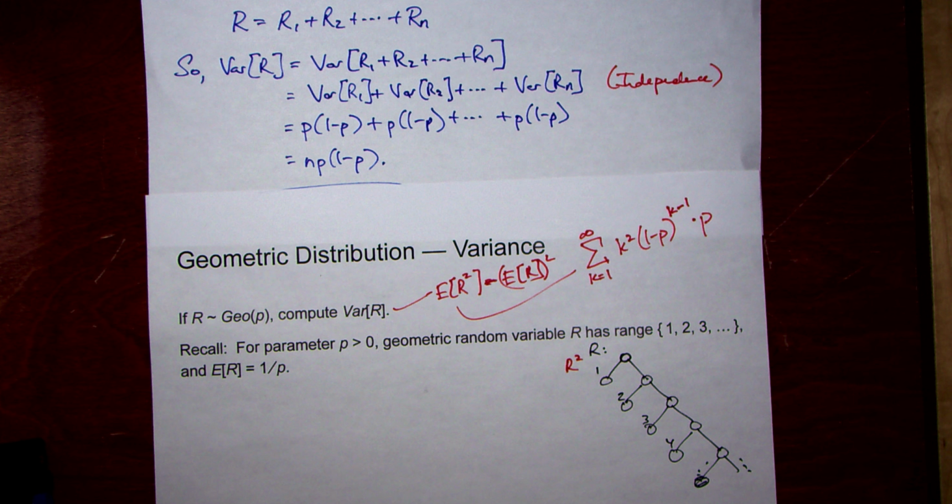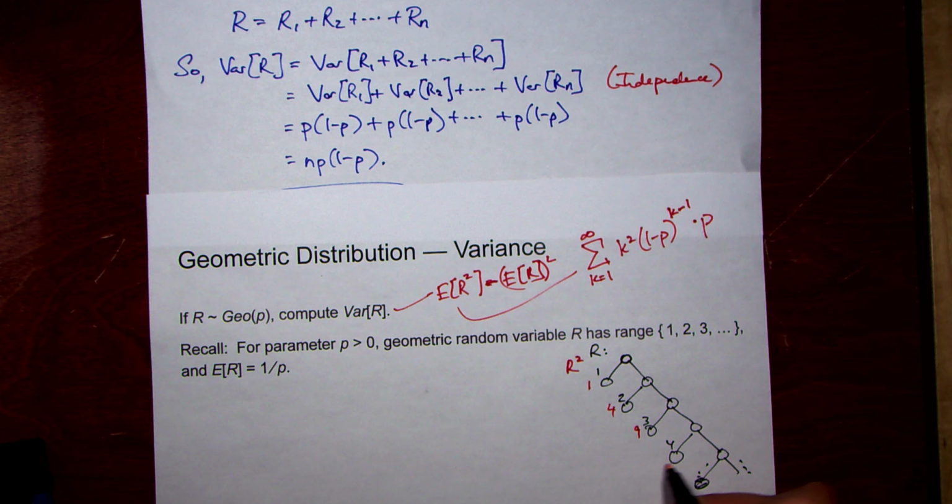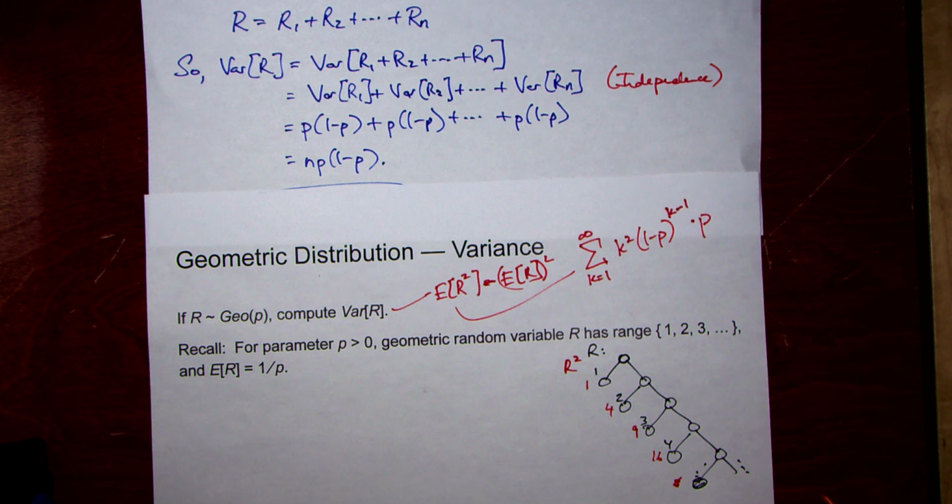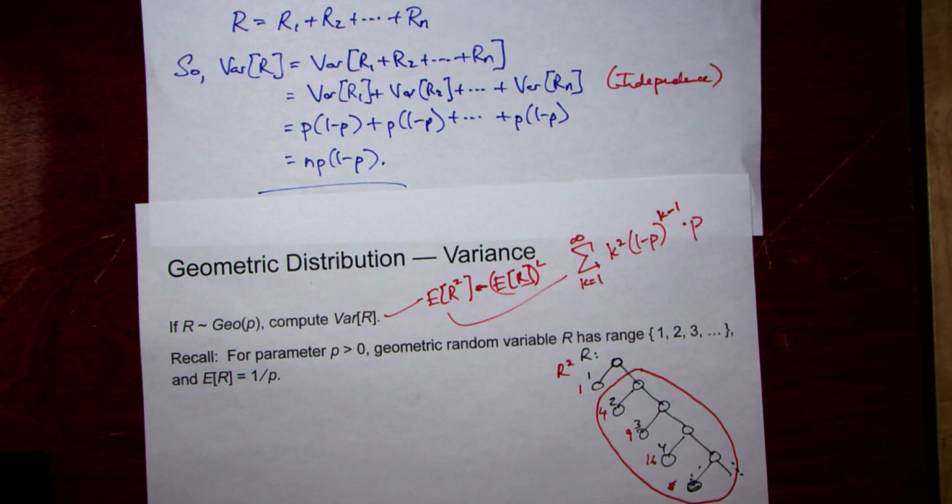R squared is 1, 4, 9, 16, and so on. Okay, and the trick that I did last time when I said we can use recursion is the trick we're going to use this time, except the numbers on R squared are not as easily self-similar as they were when we did just the expected value. Okay, but we can handle it.